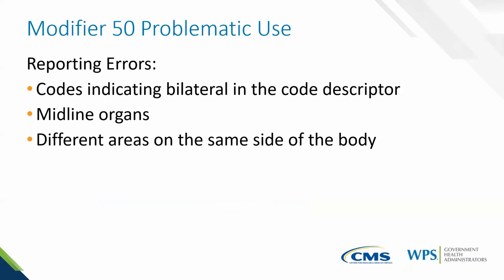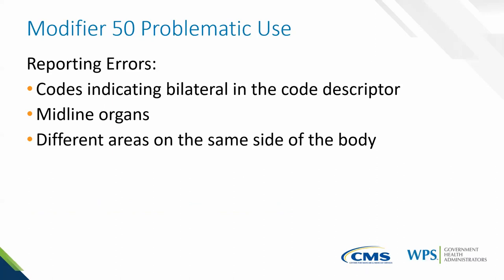So what are some problems with using modifier 50? Well, modifier 50 is being used on codes where bilateral is already in the code description. So if the code description says bilateral, the pricing for that has already been determined for 2 of whatever it is that you're doing.